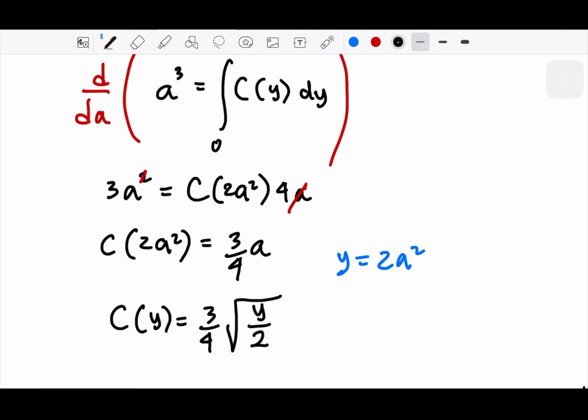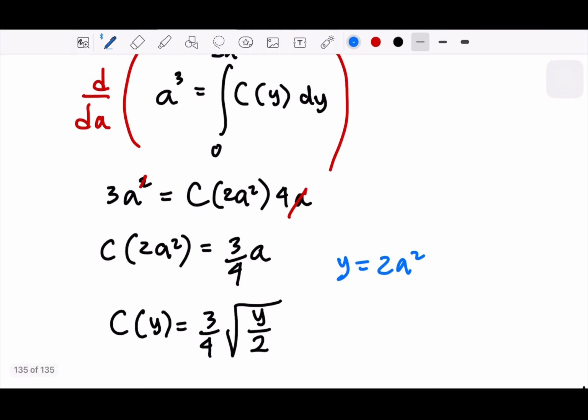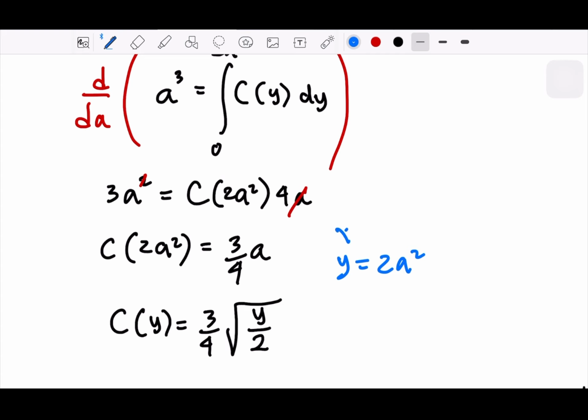I don't know what's wrong with me. So when y is 2a squared, if you remember, the x is just a, right?